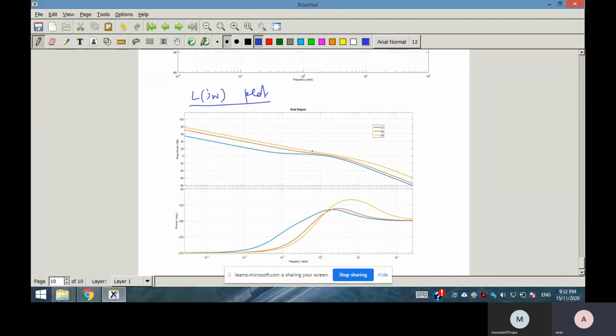But in case of higher value of Q hat, the loop gain is high at low frequency, but the roll off rate, or the gain at high frequency, is not that much less.